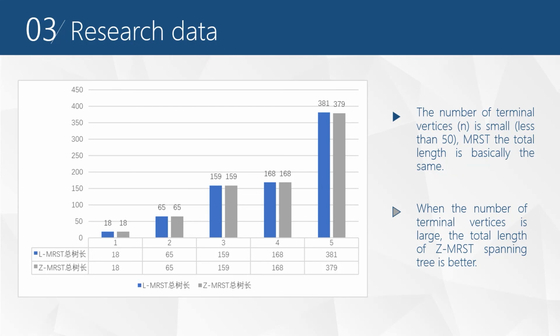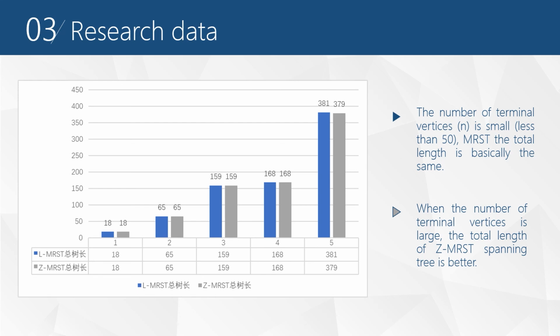I have summarized all the experimental data in the table below, and it is clear that for both algorithms, there is no difference in the total length of the linear Steiner spanning tree when the number of terminal vectors is small, less than 50.